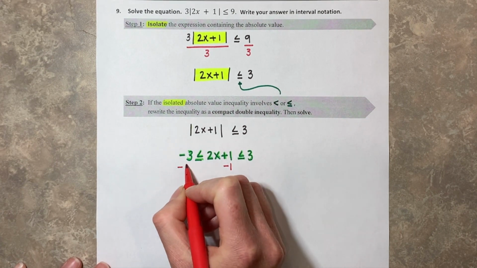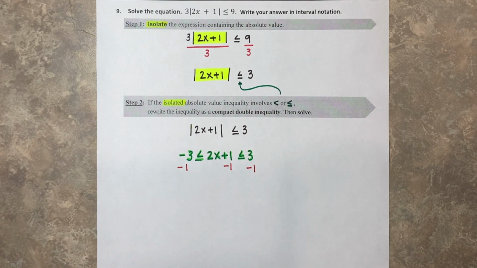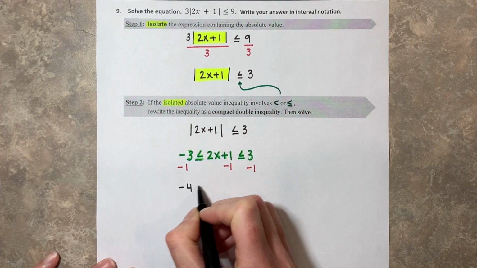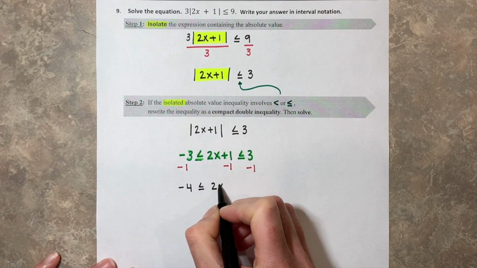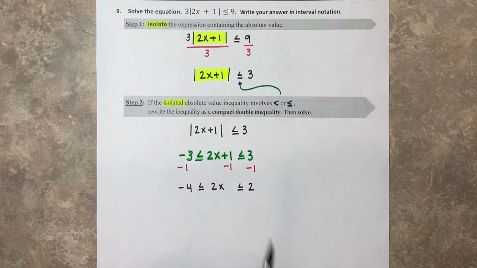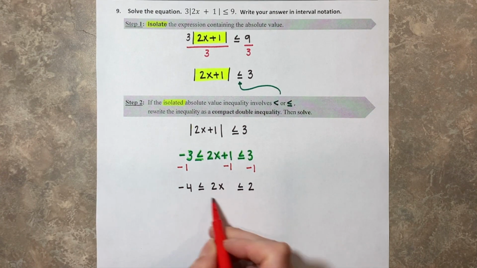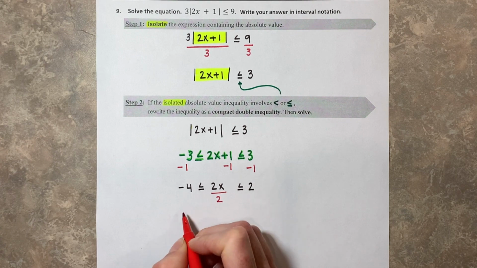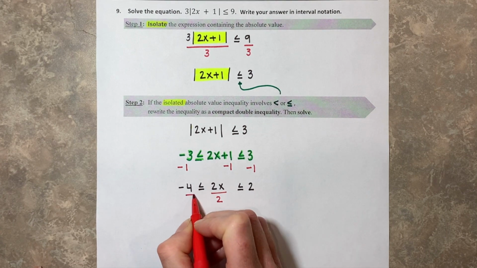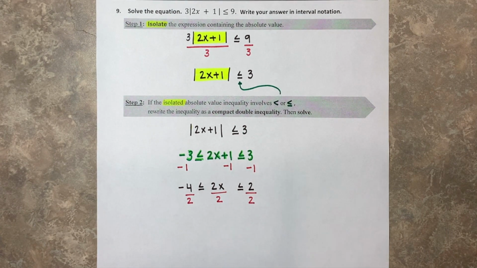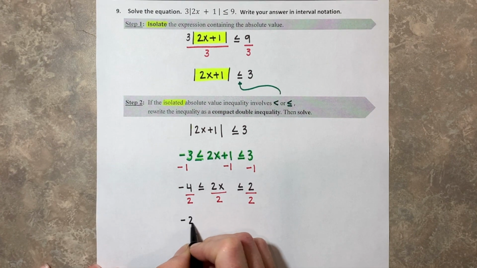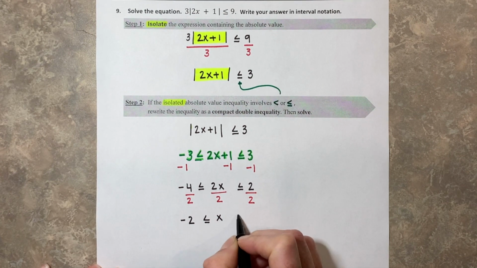So we'll subtract 1 from the left and 1 from the right. That will leave us with negative 4 is less than or equal to 2x, which is less than or equal to 2. Now the last step to isolate x in the middle will be to divide by 2. And if we divide the middle by 2, we have to divide the left and the right by 2. This will leave us with negative 2 is less than or equal to x, which is less than or equal to 1.